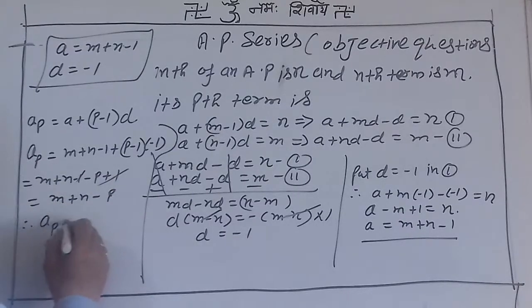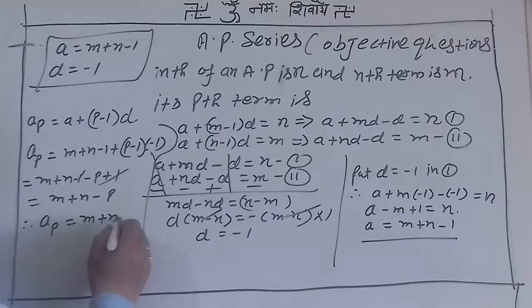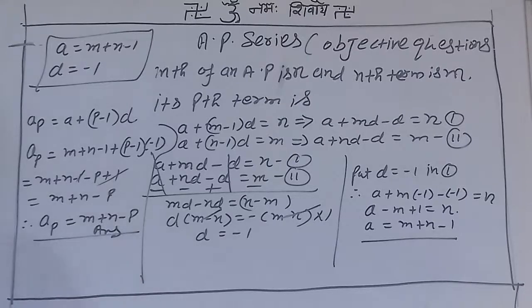Therefore, the pth term is equal to m plus n minus p, is the answer. That is our second question.